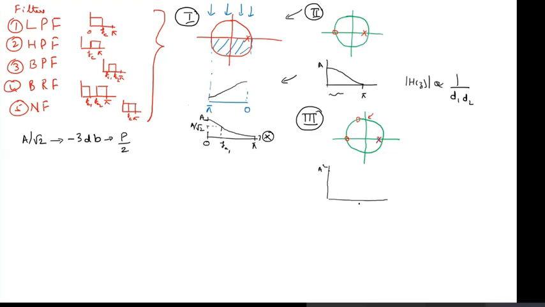Then at this frequency, say fc1, it will come down to 0, and remember the rubber membrane concept. If you look from the top, what will happen?